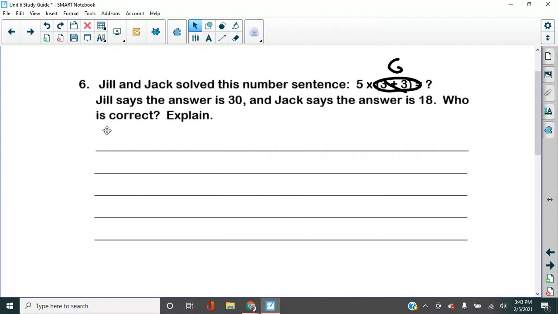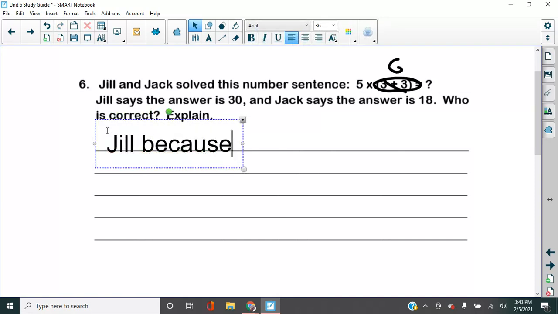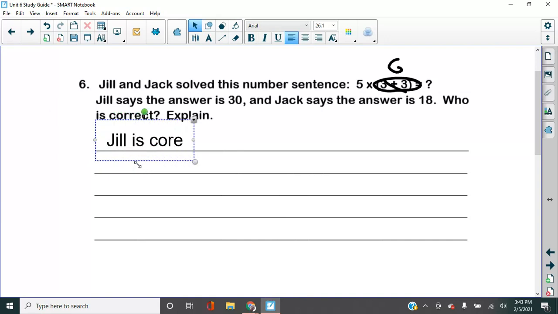Explain. I already had you explain, so I'm going to type it in here for us. Who is correct? Now, watch this. If you type this way, this is wrong. Jill because. Is that her last name? No. The word because doesn't go as your first or second word in a sentence. Jill is correct because.